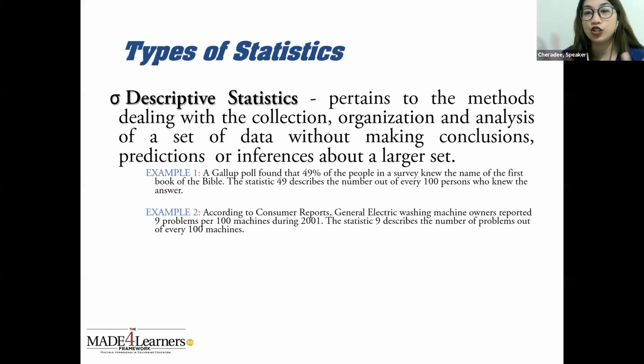So that is just descriptive stat. So when you already provided data, let's say 49%, that already means you can assume that 49 out of 100 only knew the name of the first book of the Bible.